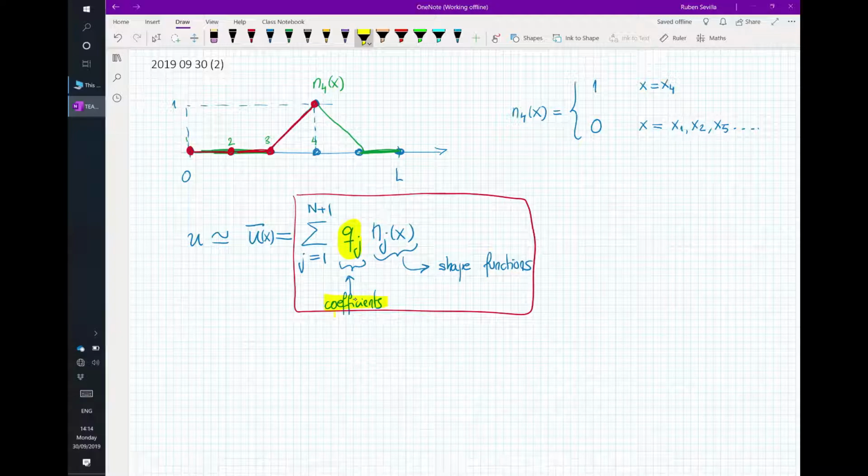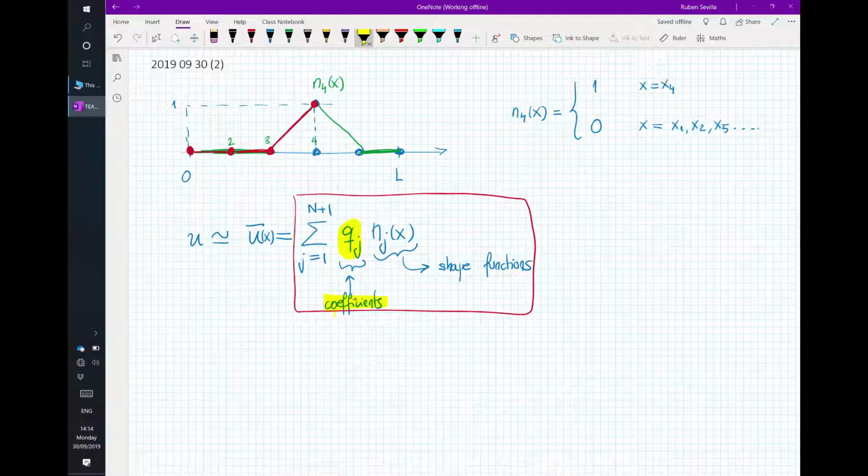So, this is looking good because the objective was to find a displacement function. It's very difficult to find a function, right? But now, what we need to find is a bunch of numbers, a bunch of coefficients, as many as points in your mesh. Okay? So the more points you put in a mesh, the more coefficients you need to find.